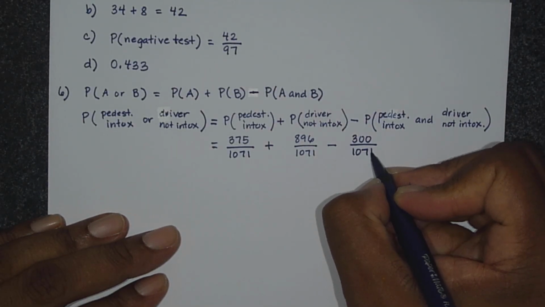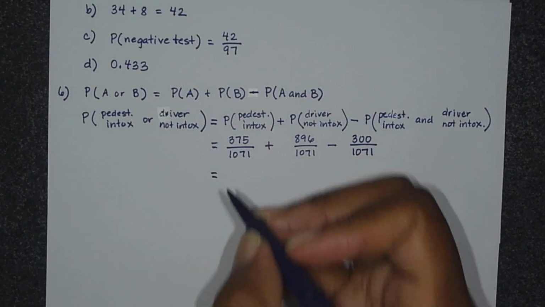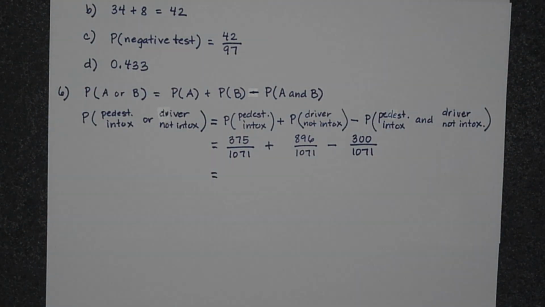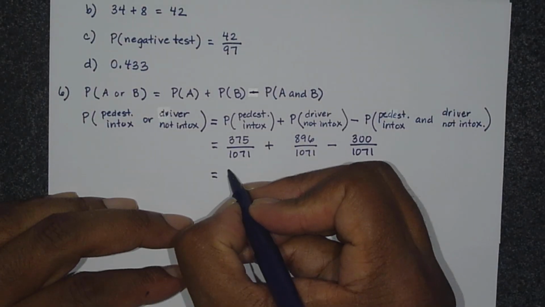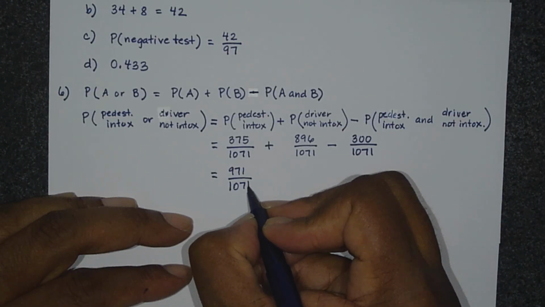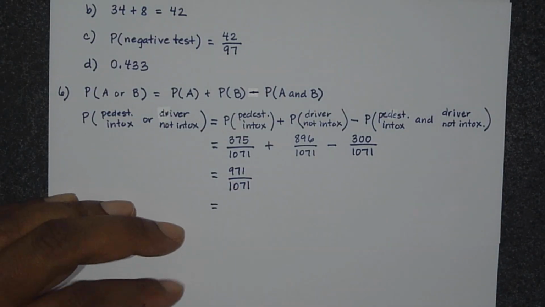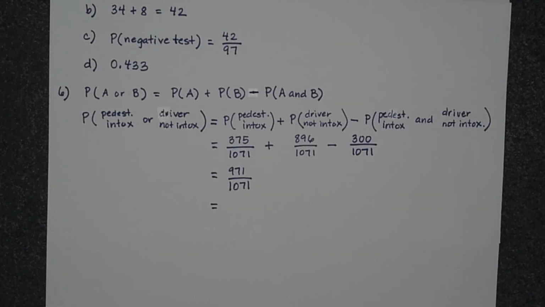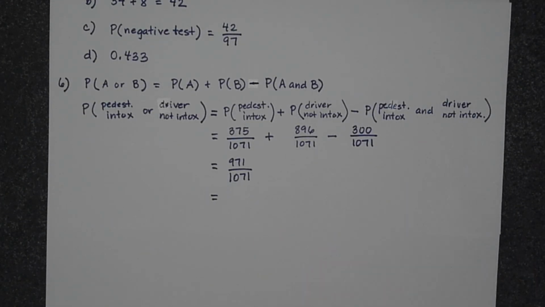That's over 1,071. Well, the denominators are the same, so we can just go ahead and add 375, 896, and subtract 300 from that. And we will end up with what? 971 over 1,071. And let's say I want that as a decimal to 3 decimal places.